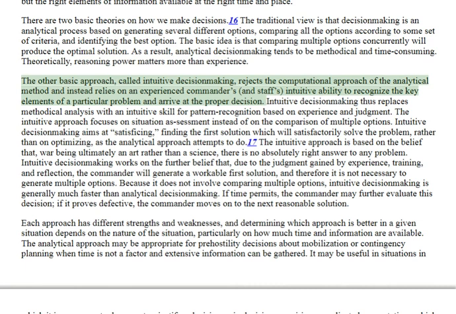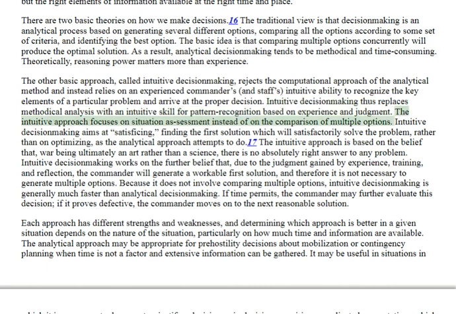The other basic approach, called intuitive decision-making, rejects the computational approach of the analytical method and instead relies on an experienced commander's and staff's intuitive ability to recognize the key elements of a particular problem and arrive at the proper decision. Intuitive decision-making thus replaces methodical analysis with an intuitive skill for pattern recognition based on experience and judgment.